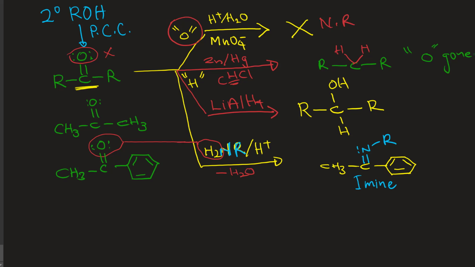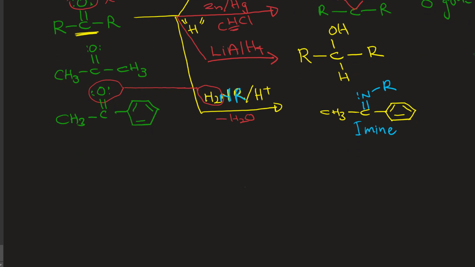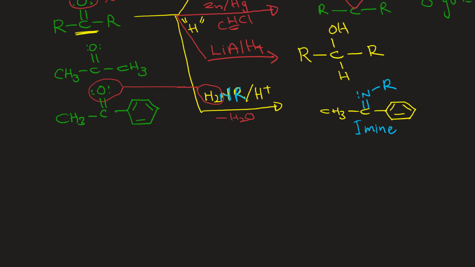Because you have all the R groups intact, the oxygen is gone, and then the two hydrogens in that place. So that's a specific reaction. And a few other reactions, the common ones we saw in the aldehydes. So let's look at that one.